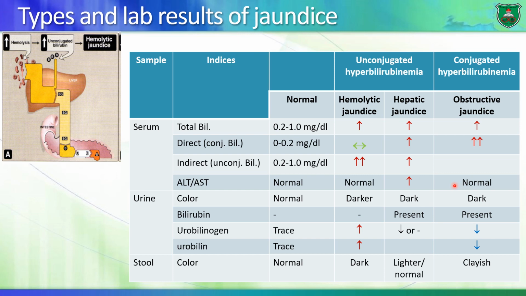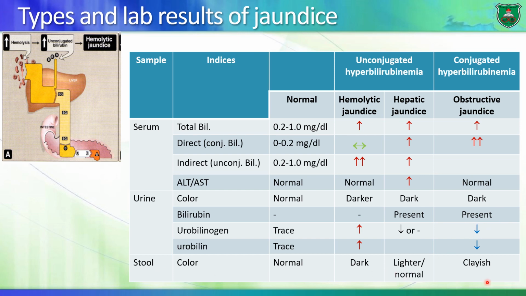Liver enzymes are normal, and urine would look darker, okay, because there would be a lot of, again, bilirubin and conjugated bilirubin taken to the kidneys, which cannot convert them to urobilinogen and urobilin, and that results in a reduced amount of these two molecules in the urine.